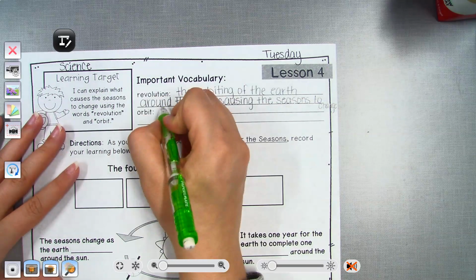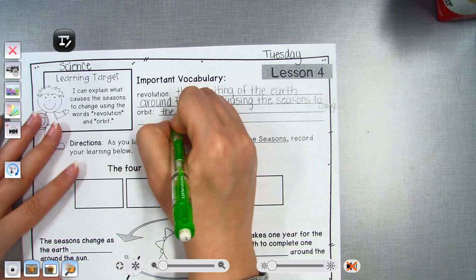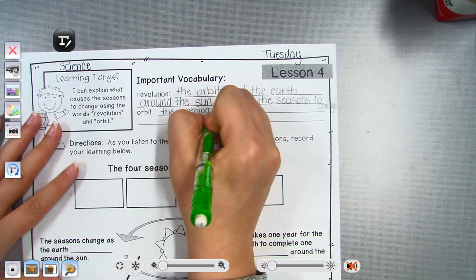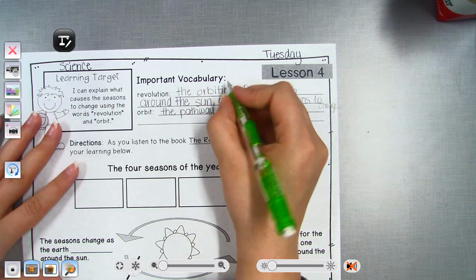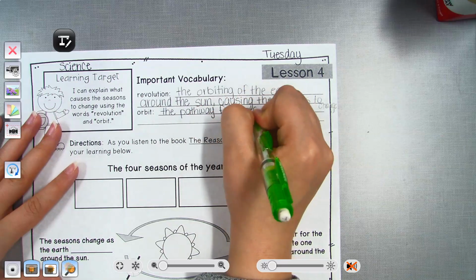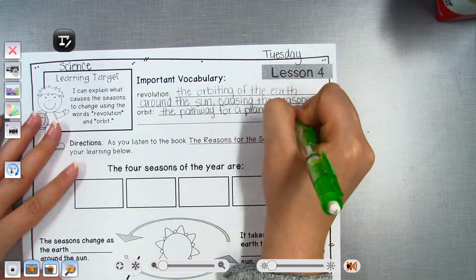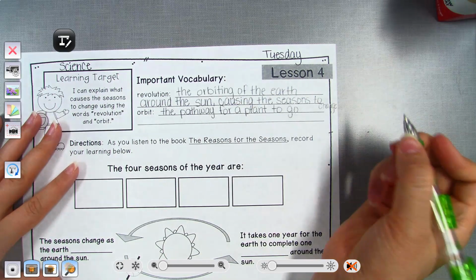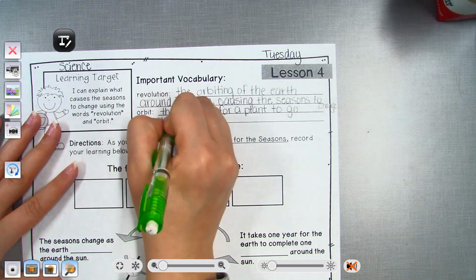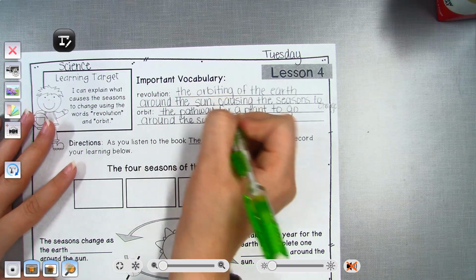Okay, and then orbit is the pathway for a planet to go around the sun.